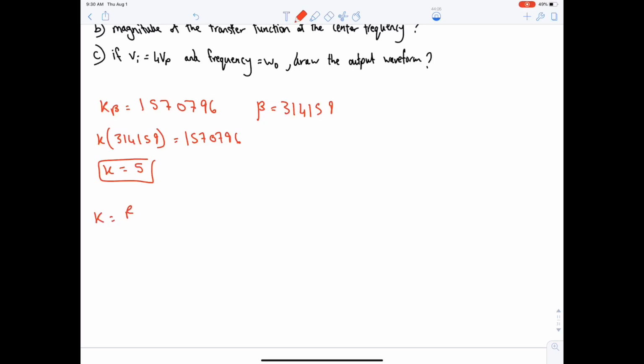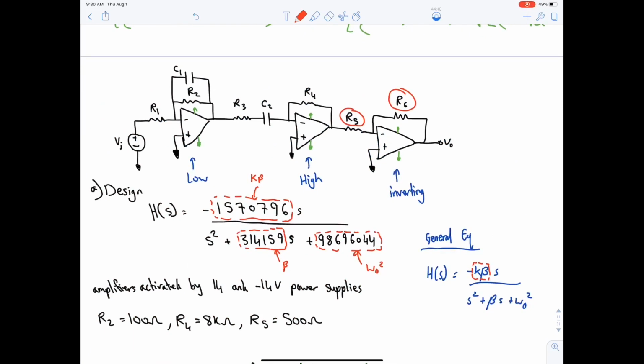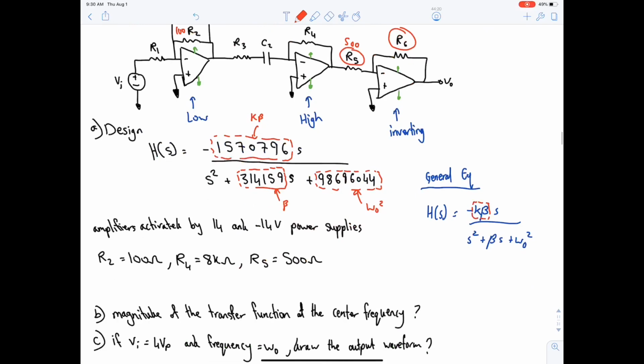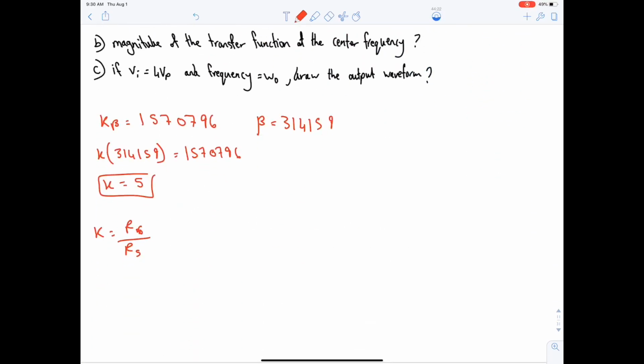K is R6 divided by R5. We know that R5 is 500, R6 is unknown, R4 is 8K, R2 is 100. Okay, and we need to find the others. So we need to find now R6. R6 is 5 multiplied by 500, which is 2.5 kilo ohm. This is the first requirement done. Okay, let's find the others.